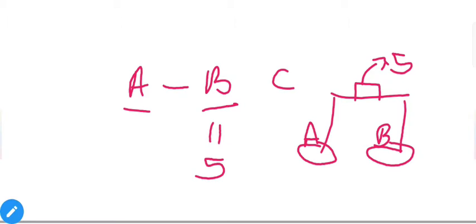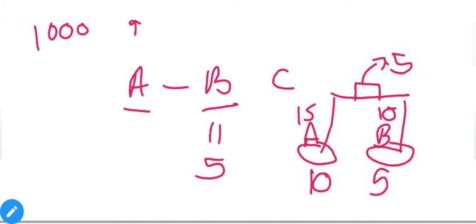So it may be 10 and 5, or it may be 15 and 10, or it can be 1000 and 995 kgs. We cannot say which is the exact or actual set of masses, but let us say we know the value of C. The value of C is 3 kgs.